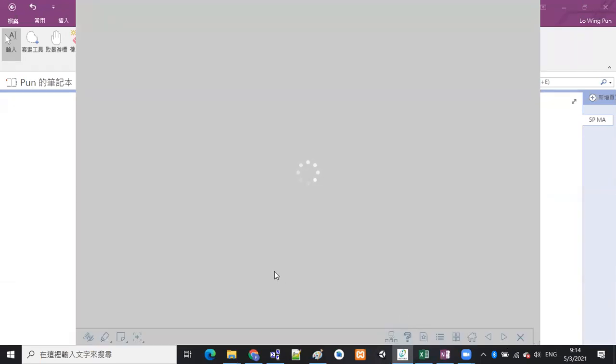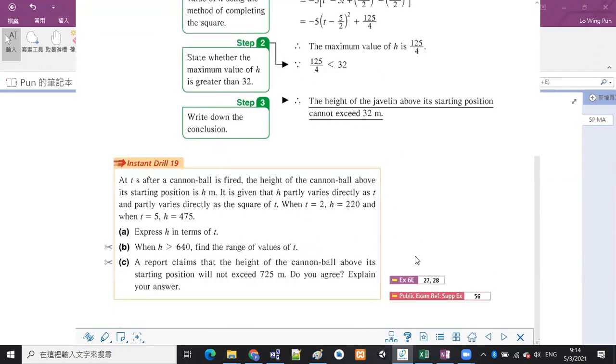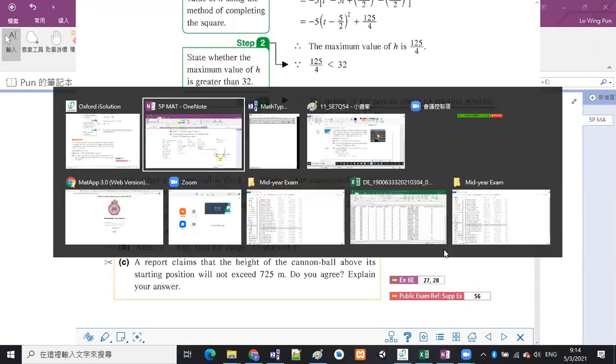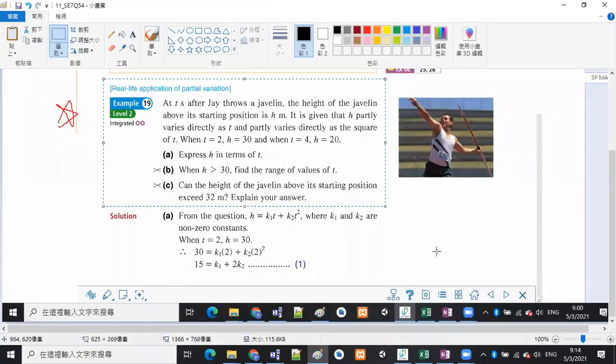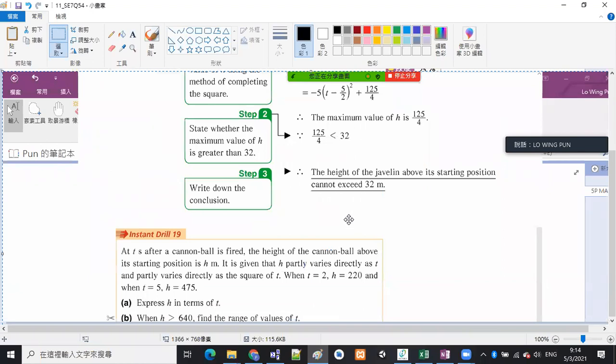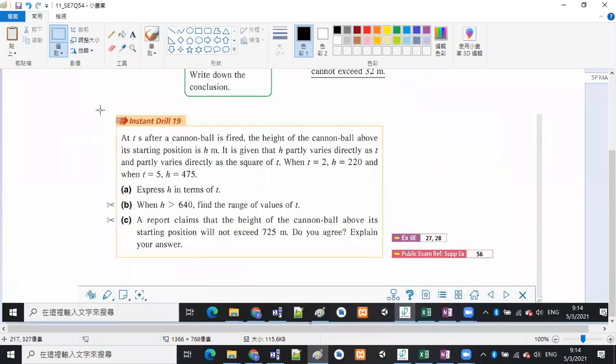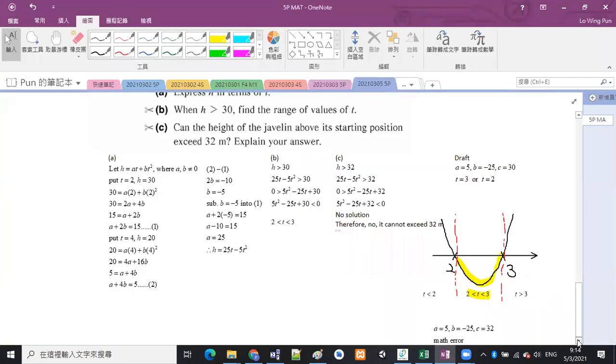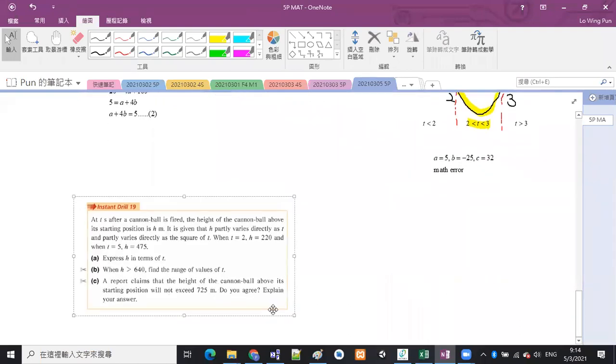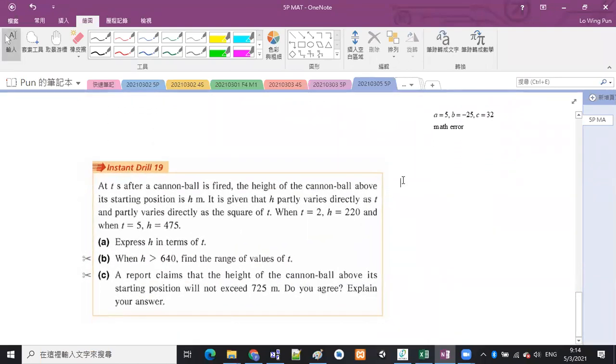So I give you 5 minutes to do this. 嗱，盡量做啊！呢個即係 A part 同埋 B part 咧，應該一定可以做到嘅。問題就係 C part 做唔做到咁解，做唔做到咁解嘅啫。OK。So classwork, instant drill number 19. 5 minutes. And please remember to upload to the Math app.